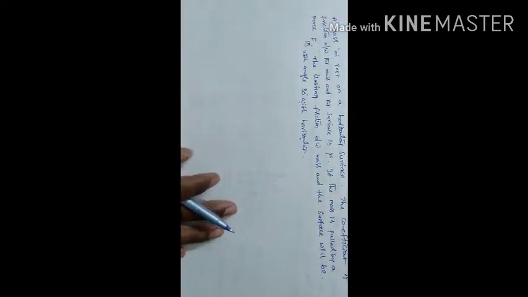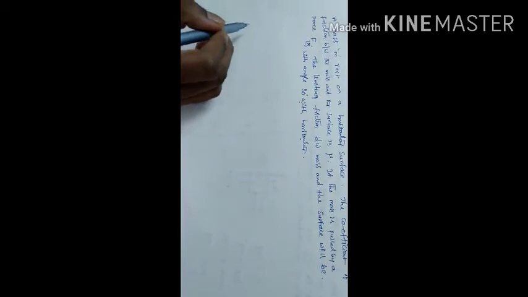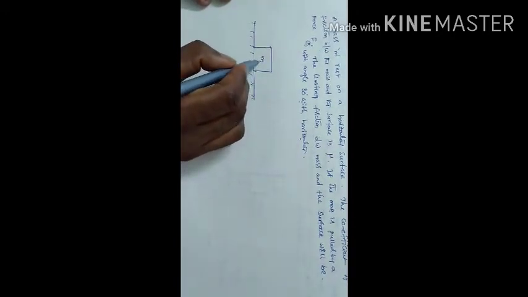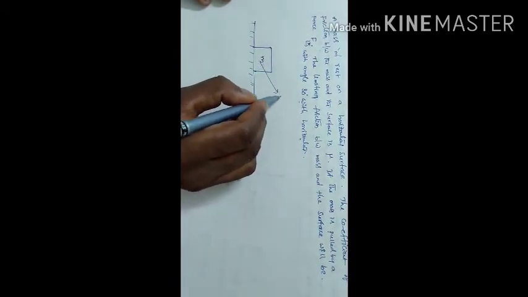Okay, let us assume a block is placed on a horizontal surface. What is the mass of the body they gave? M. On that mass we applied a force F at an angle of 30 degrees with the normal.